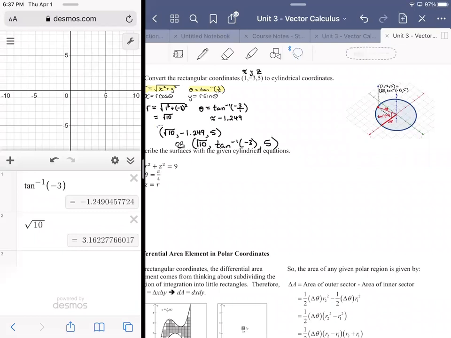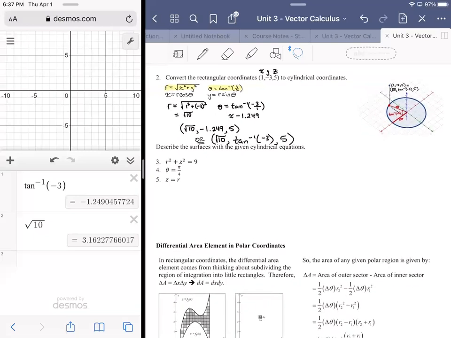If that happens on a test, you have my permission to leave it as the inverse tangent. From my experience, you'll have most people's permission to leave it that way because that's the more exact representation.